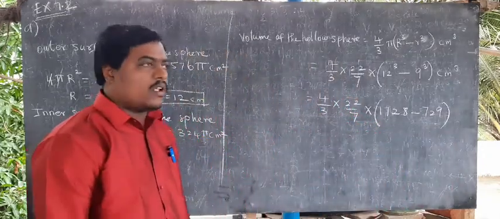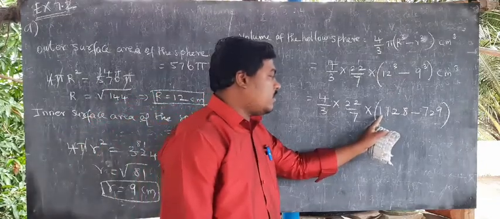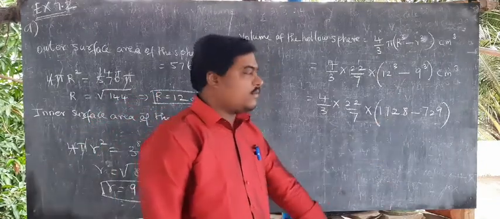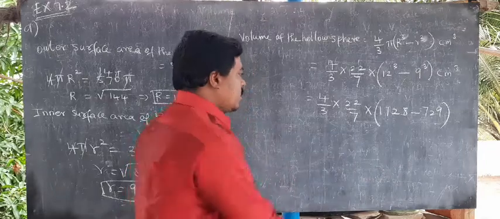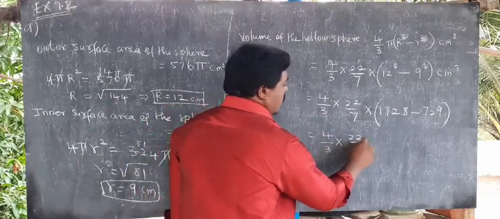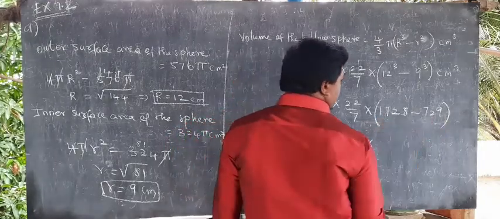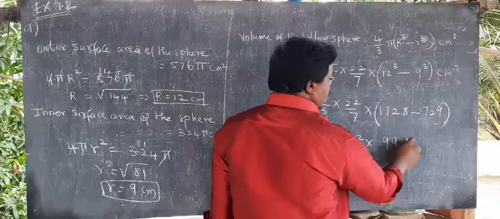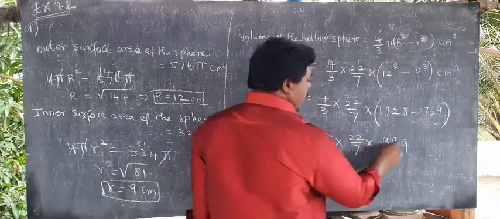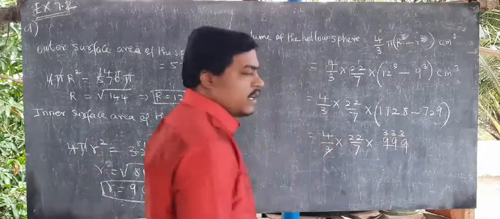Multiply it yourself, 12 into 12, we are getting 1728 minus 729. So this equals 4 by 3 into 22 by 7 into (1728 minus 729), 999 we are getting, 3 times 333.